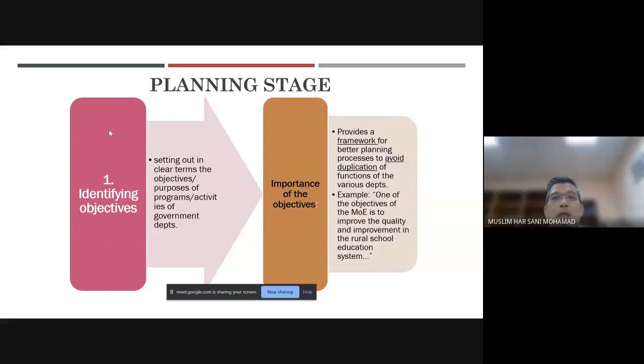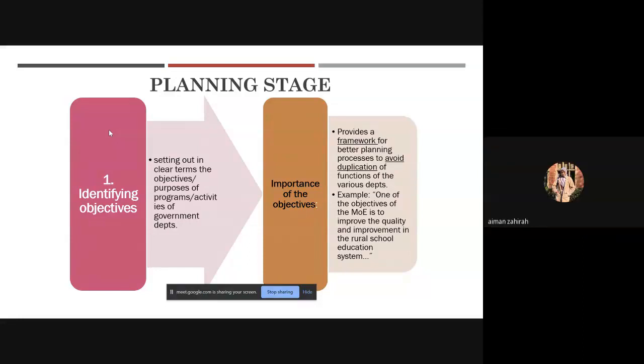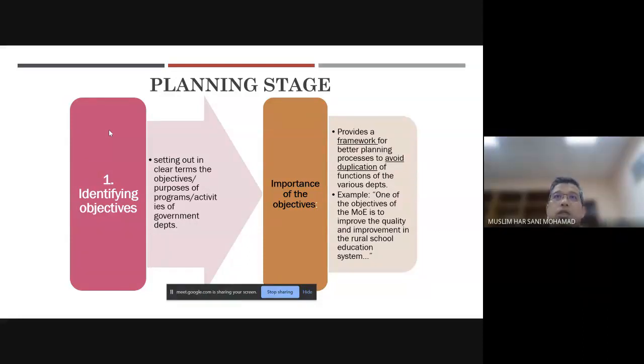Anyone? Why do redundancies of services need to be avoided? To cut costs. Exactly. So as to avoid waste. That's a simple way to say it.